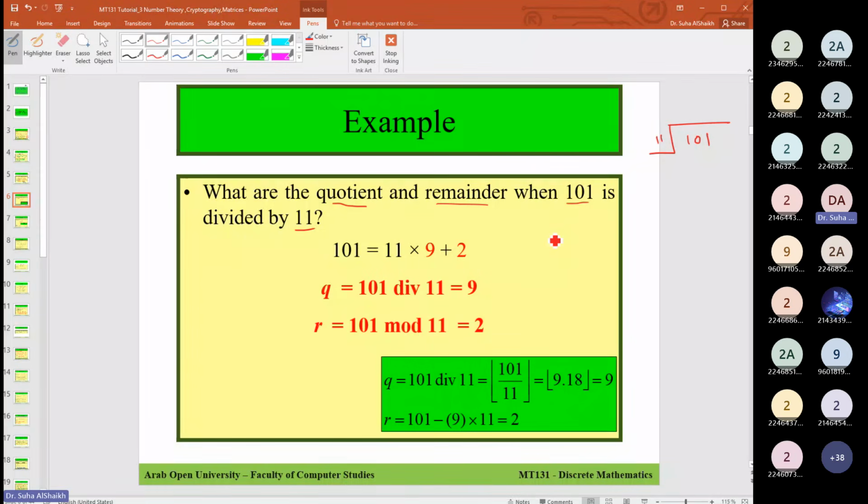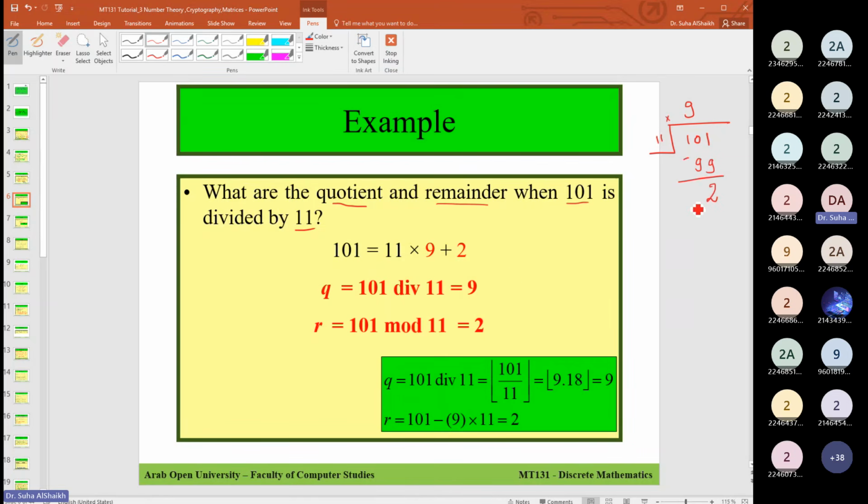What's the result? It's 9.18. The 0.18 is the remainder, so we take the 9 actually. Multiply 9 with 11, this is 99. We subtract, and how much is left? 2.